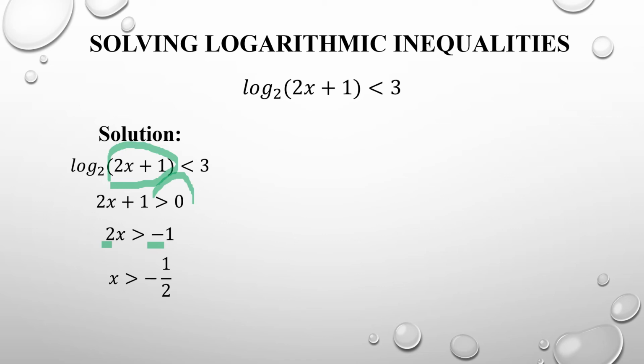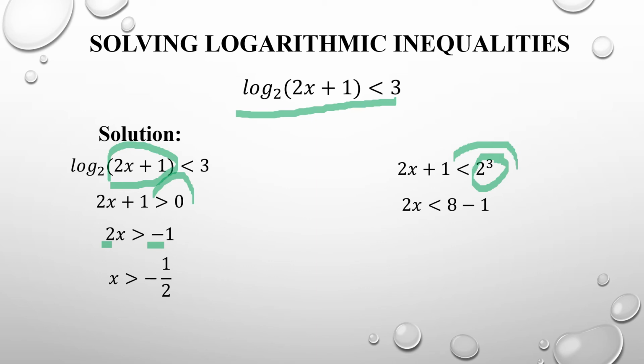Next, i-rewrite na natin ang logarithmic inequality into exponential form. So, we have 2x plus 1 is less than 2 cubed. So, simplify natin itong part na ito, 2 cubed, which is equal to 8. And lipat natin yung 1. So, we have 2x is less than 8 minus 1. Simplify this part.